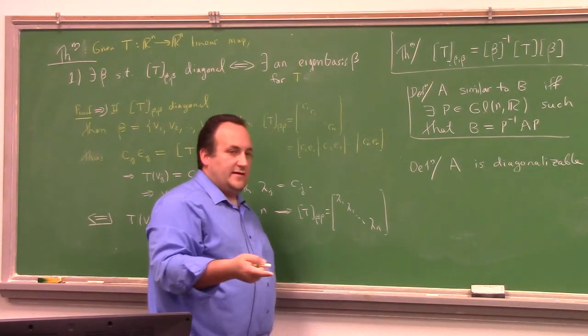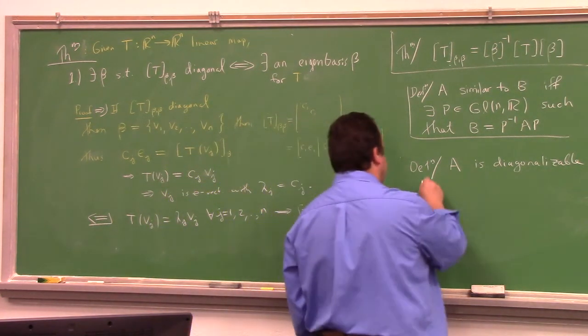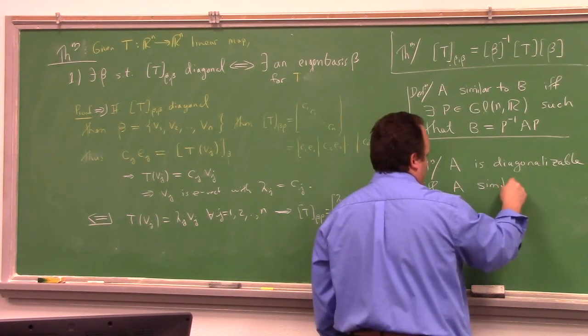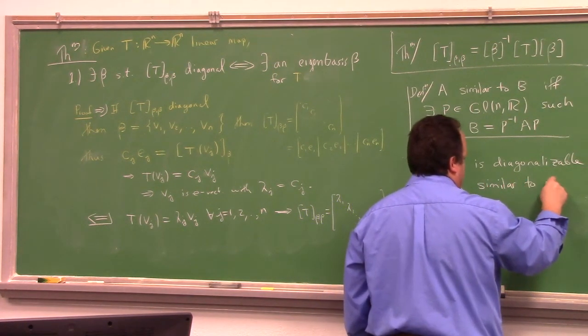So A is diagonalizable if and only if A is similar to a diagonal matrix.